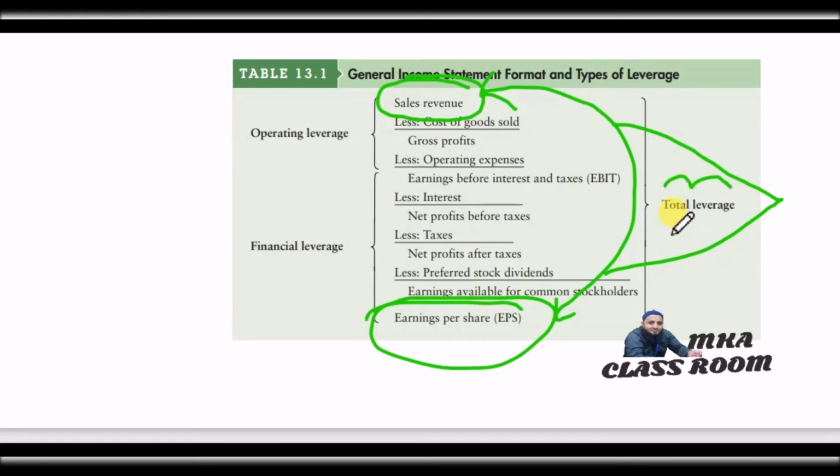We have learned operating leverage and financial leverage. If we multiply operating leverage into financial leverage, then we will get simply total leverage, where the relationship between sales and EPS, earning per share, also is the total leverage.